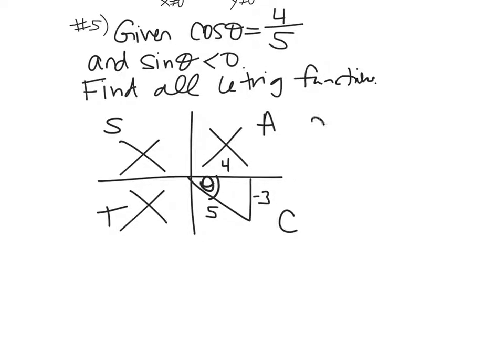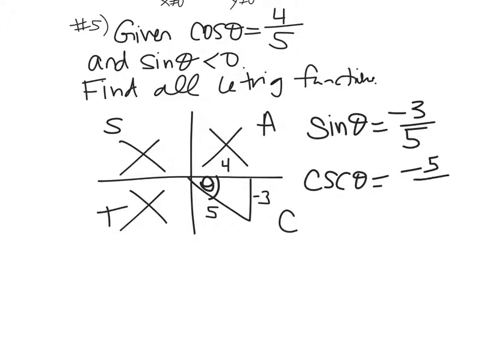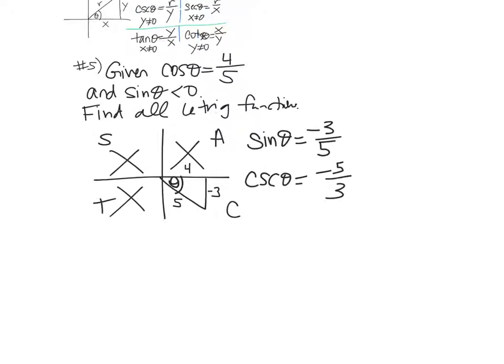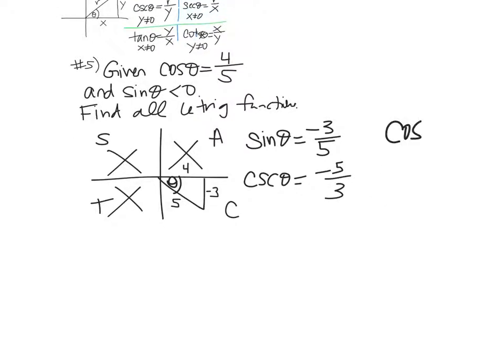Okay, so now let's find the rest of them. Let's find the sine of theta. So now you go back to your triangle. Sine is opposite over hypotenuse, and we were expecting it to be negative because it's in quadrant 4. And cosecant is going to be the reciprocal of that, -5/3. Okay, they gave us cosine already. That was nice.